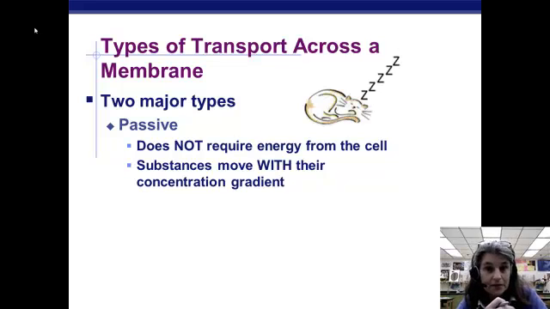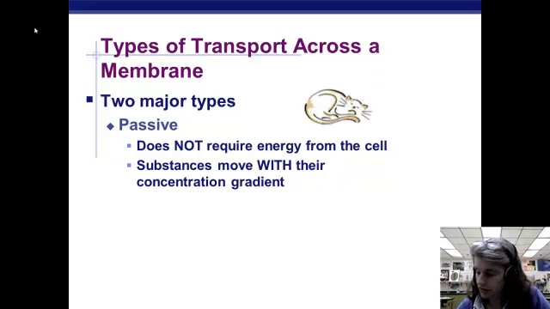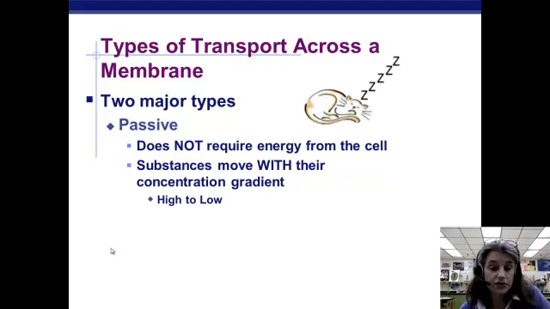In this type of movement, the molecules that are moving from one side of a cell membrane to another are moving with their concentration gradient. And what this means is, if you'll recall from first year biology, substances tend to move from areas where they are in high concentration to where they're in low concentration if they're just moving randomly.